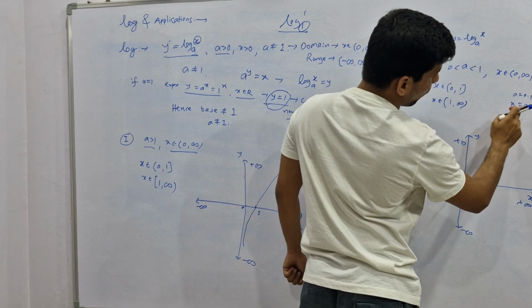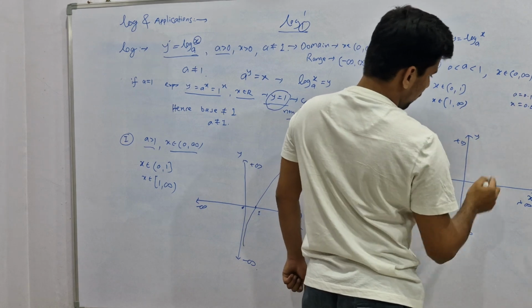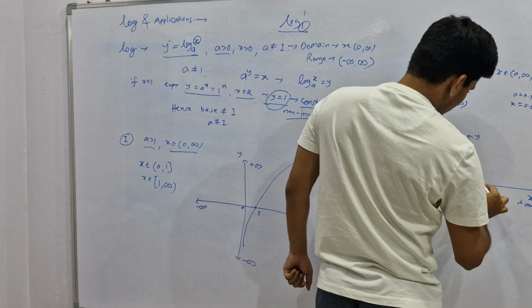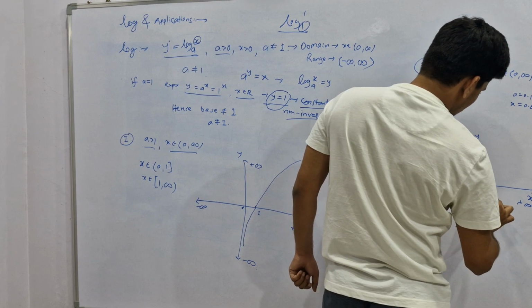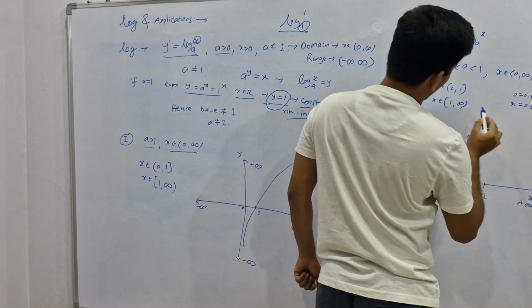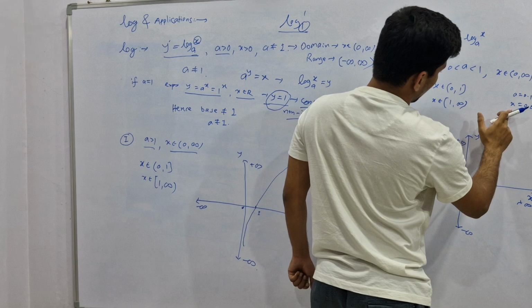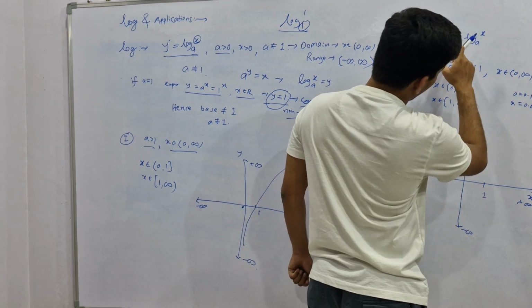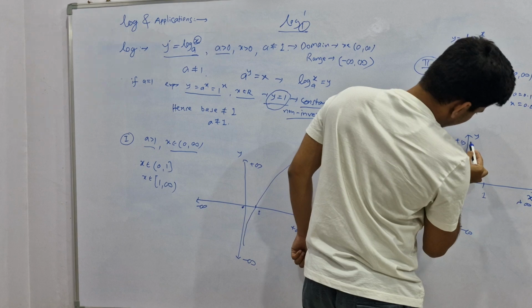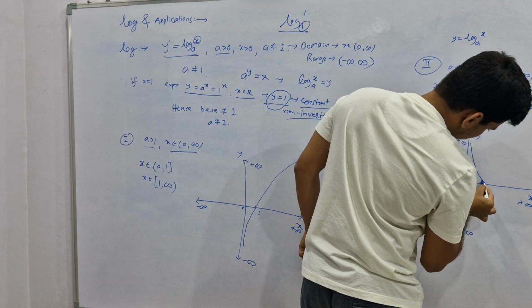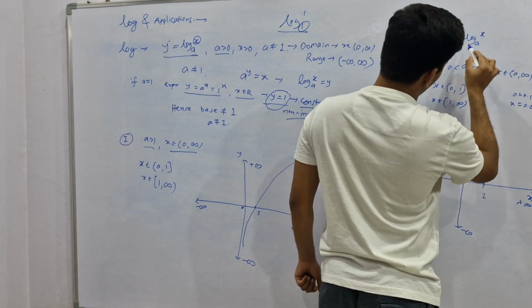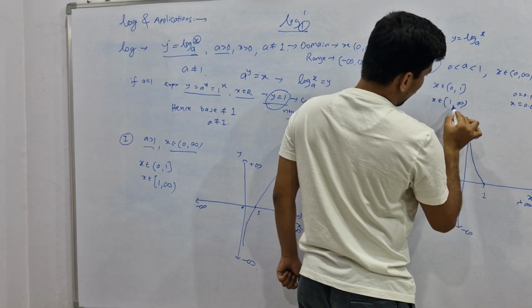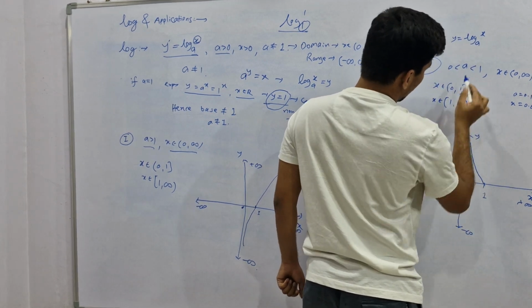So for x is 0.001 we will get y large, tending to infinity, and for x is 1, we will get y is 0. And for x from 1 to infinity, at 1, y will be 0.